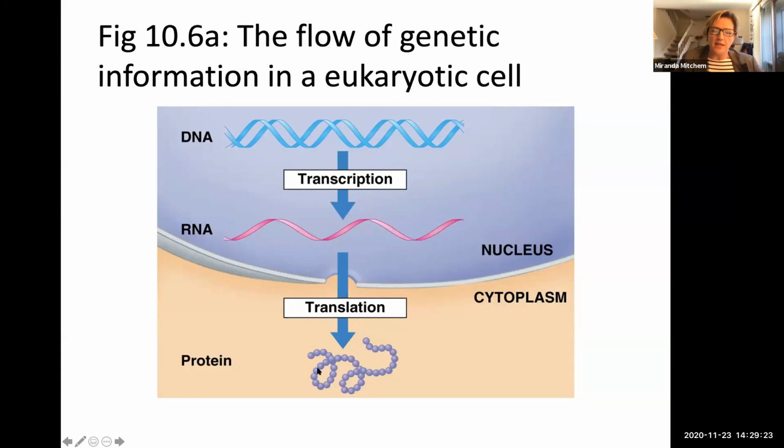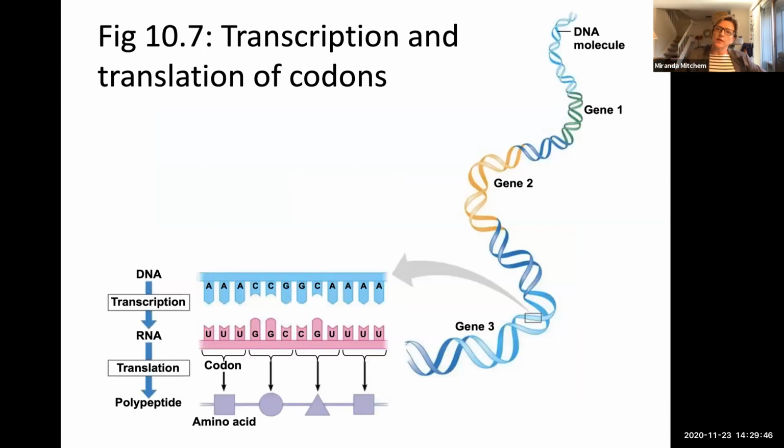And it is made into protein through the process of translation. So that is the flow of information. When we're just talking about the protein side of it, we call that protein synthesis. And there are two steps to it, transcription and then translation.